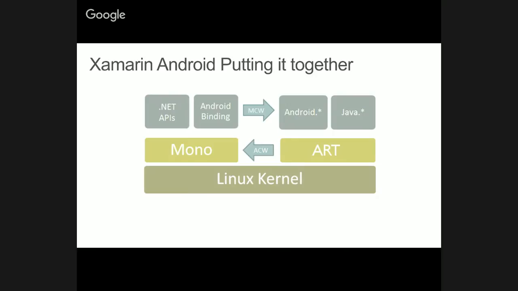Basically it's calling out to the Android runtime, or the Dalvik runtime, to say, hey, I want access to this particular object, or this particular object's text value. And vice versa, whenever Android or your app needs to call back out to the Mono runtime, it uses what are called Android callable wrappers. Both of those communications are handled with JNI, the Java Native Interface. I don't know the actual specifics of how JNI works in those runtimes, but know that they're there.